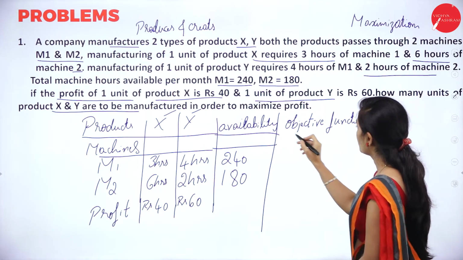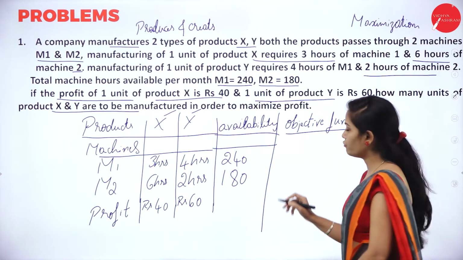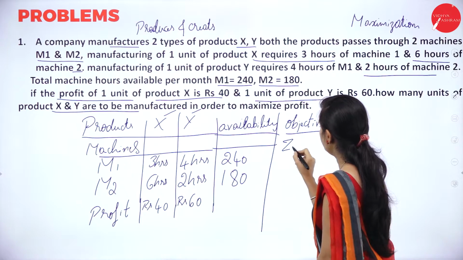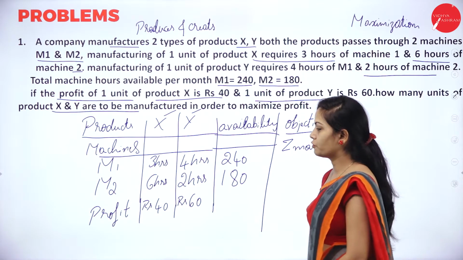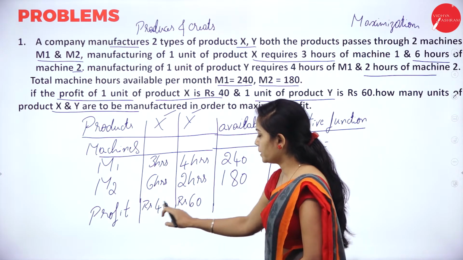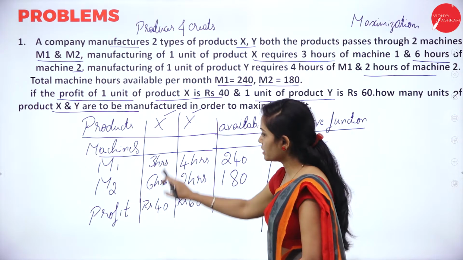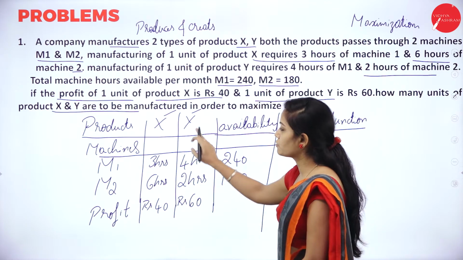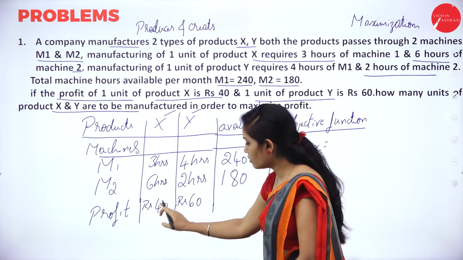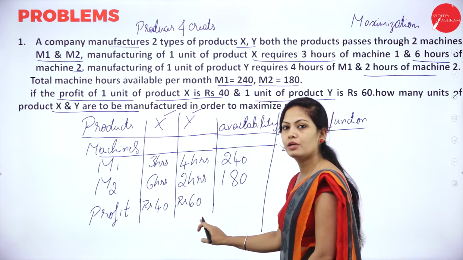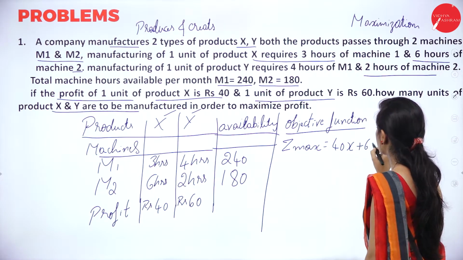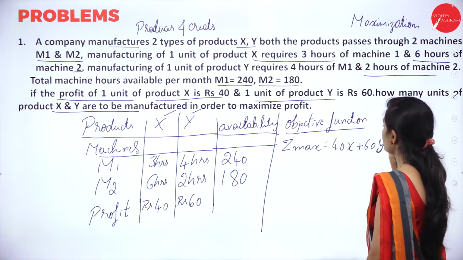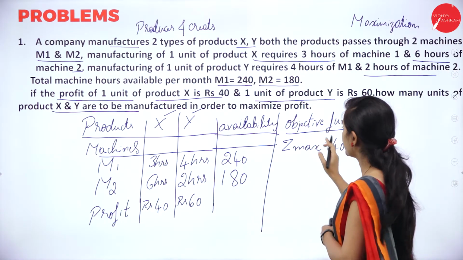So Z max is equal to, and what is the profit of these products? 40 rupees for product X and 60 rupees for product Y. So I will consider 40X plus 60Y.